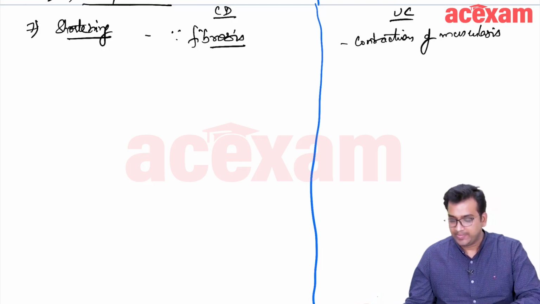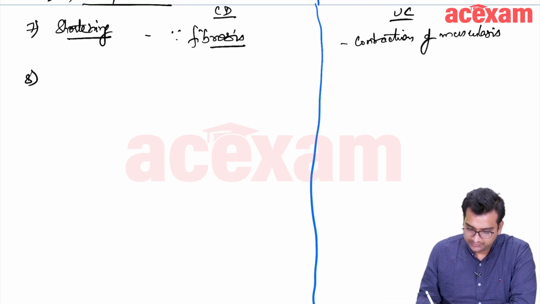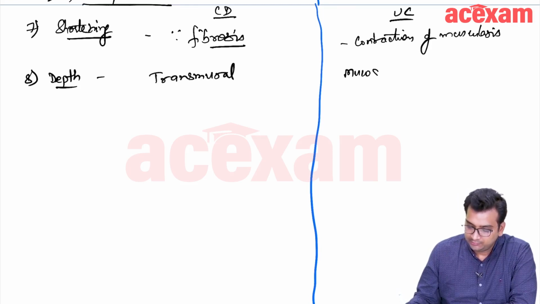Now, what are the microscopic features? Depth of inflammation: depth is already discussed, transmural in Crohn's. Here it is mucosal plus submucosal.